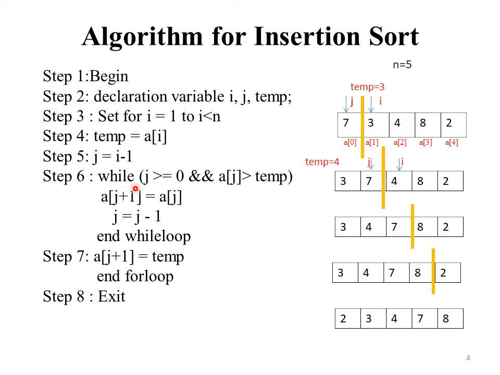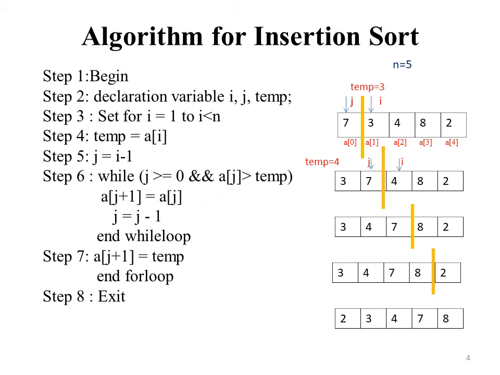Repeat this process. In this while loop, we check j is greater than or equal to 0. So j is 1, and 1 is greater than or equal to 0. This condition is true. The second condition is a of j is greater than temp. So a of j is 7 and temp is 4, so 7 is greater than temp. This condition is also true. So both conditions are true and we enter this statement.